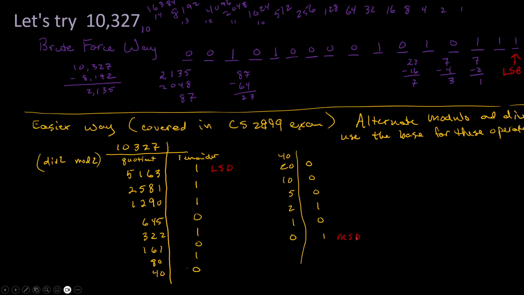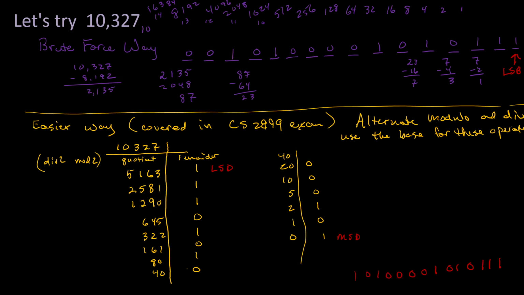I've only got the digits 1 and 0, but what that means is that my number then becomes 1, 1, 1, 0, 1, 0, 1, 0, 0, 0, 0, 1, 0, 1.